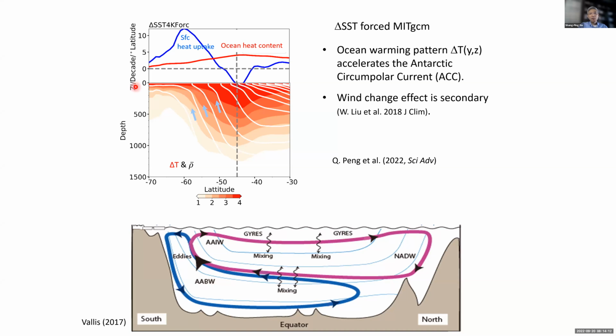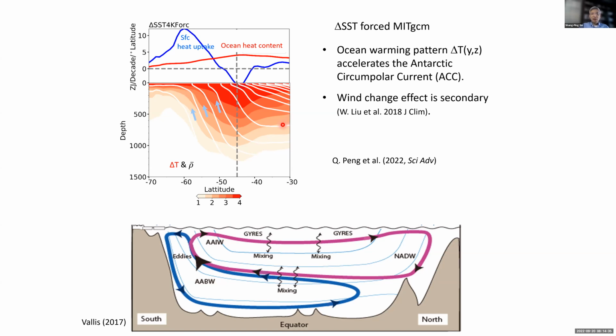In other words, the ocean heat content change is displaced north of the ocean heat uptake peak here, right? This displacement is due to advection by the ocean currents, especially the Ekman flow. That is the warming pattern we expect to see in the Southern Ocean.